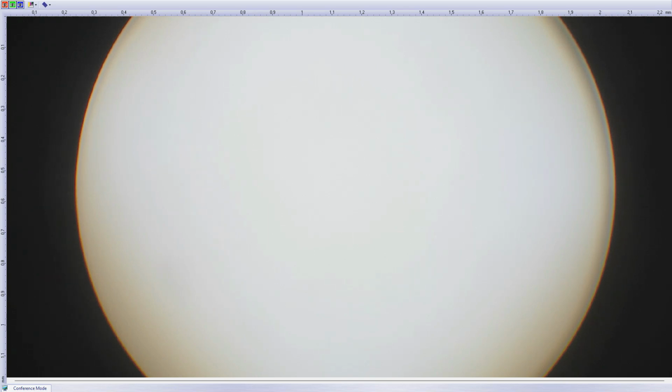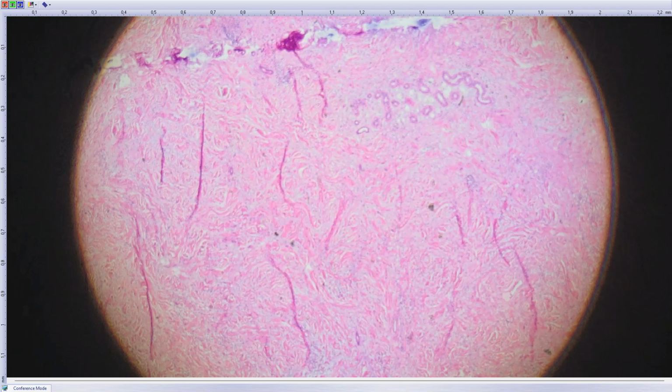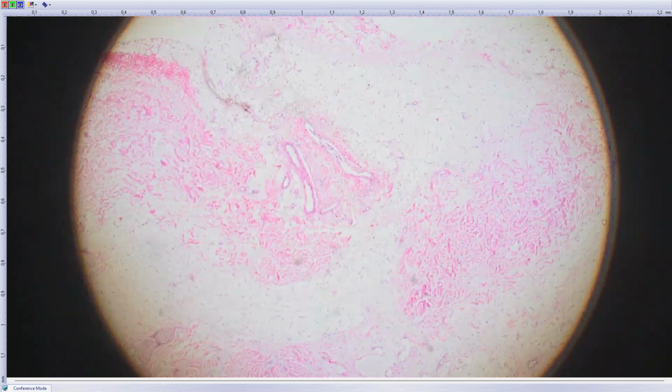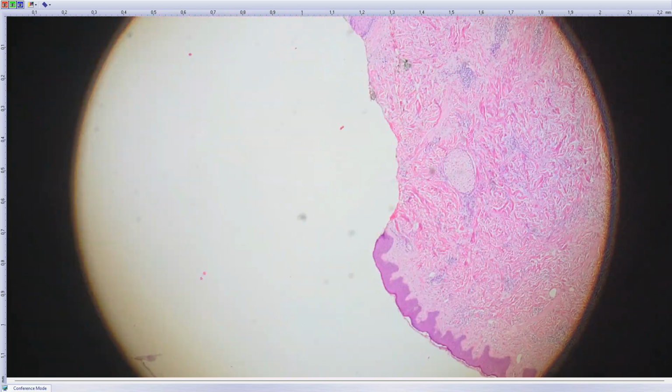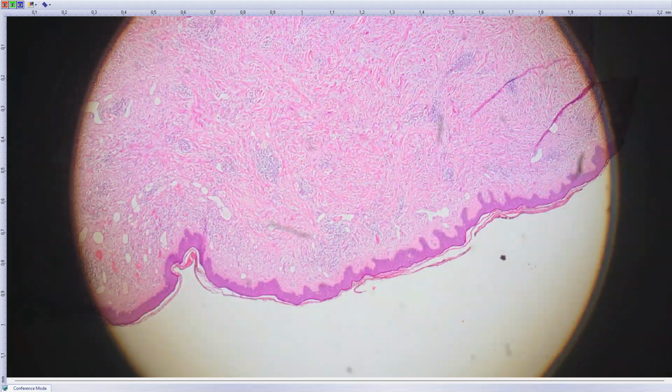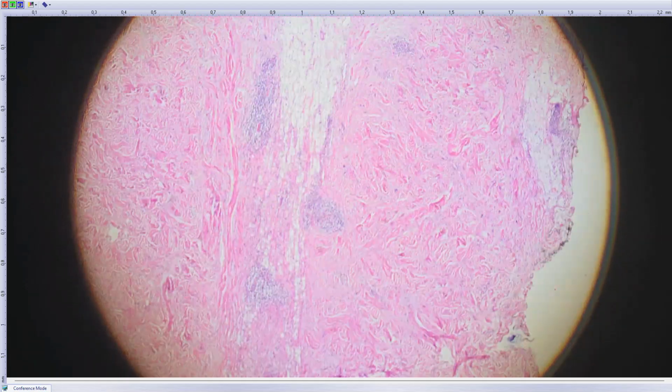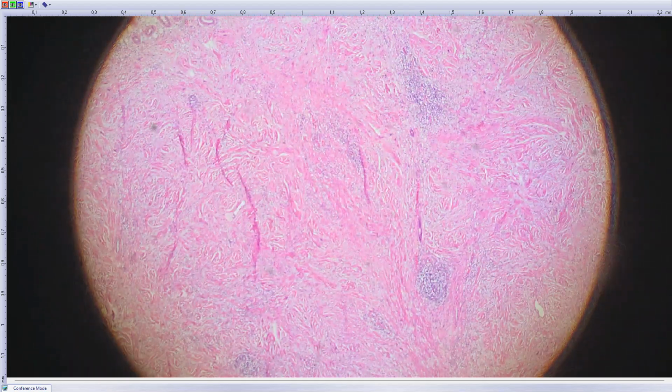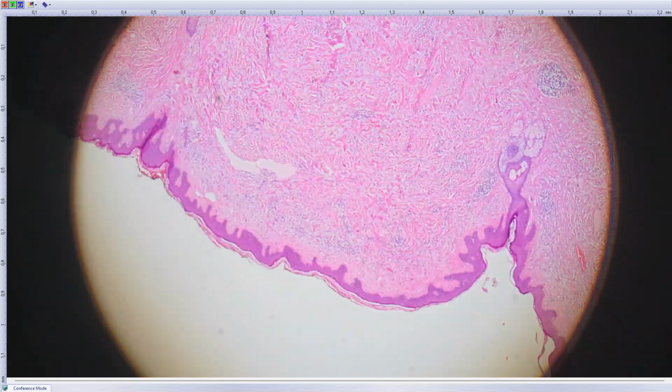So next case was a 23-year-old male with a tumor, again, on his back. It's quite common, but for the residents in the audience, also skin excision with quite deep margins.